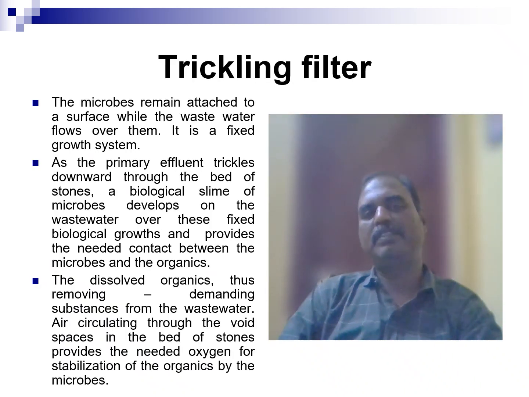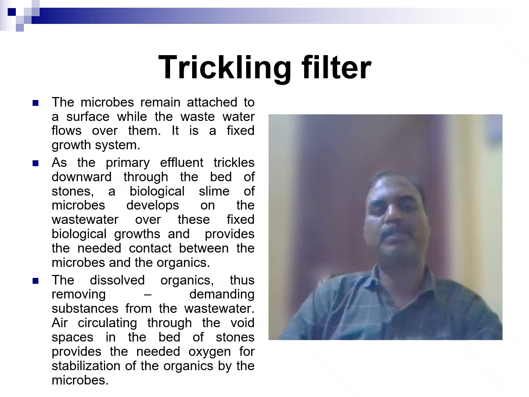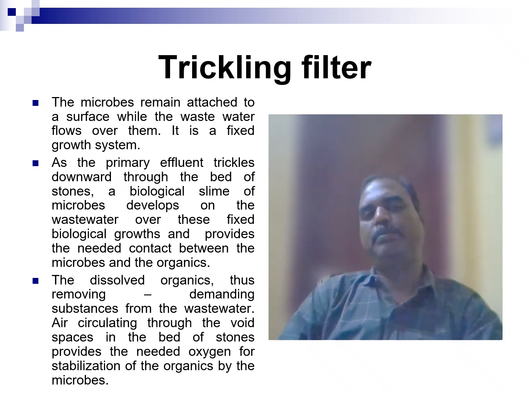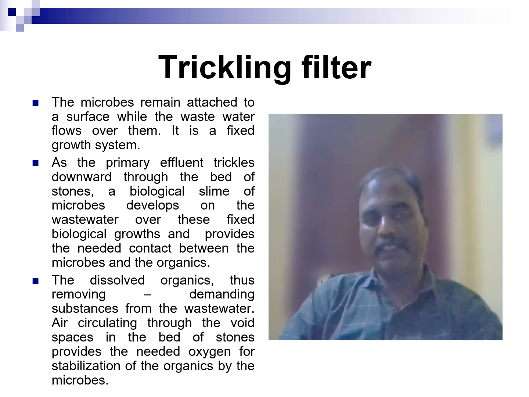Trickling filters are the simplest method. The microbes remain attached to the surface while the wastewater flows over them. It is a fixed growth system. The microbes absorb the pollutants from the wastewater. As the primary effluent trickles downward through the bed of stones, a biological sleeve of microbes develops on the stones over these fixed biological growths and provides the needed contact between the microbes and the organics.